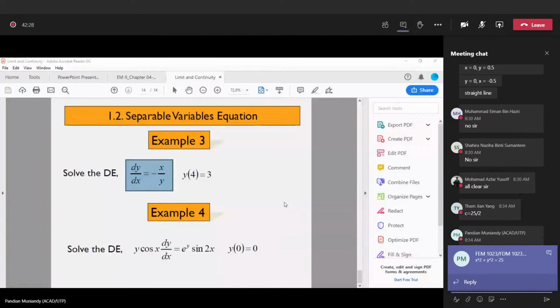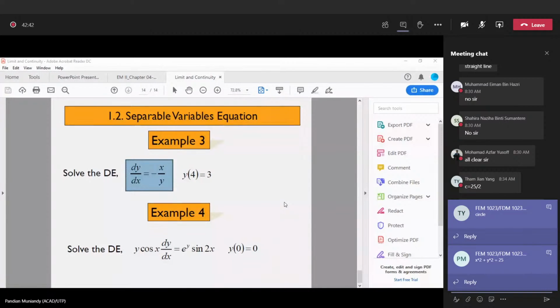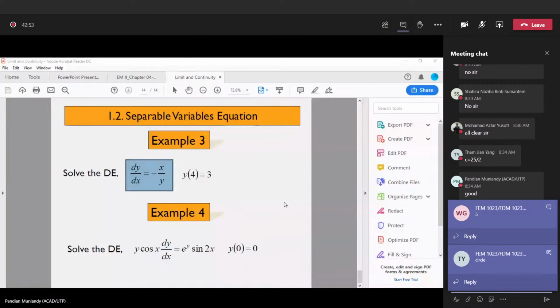So what is this equation, class? What is the shape? Anyone? This is a very famous equation. x squared plus y squared. Circle, yeah. So can you sketch the circle? What is the radius of the circle?